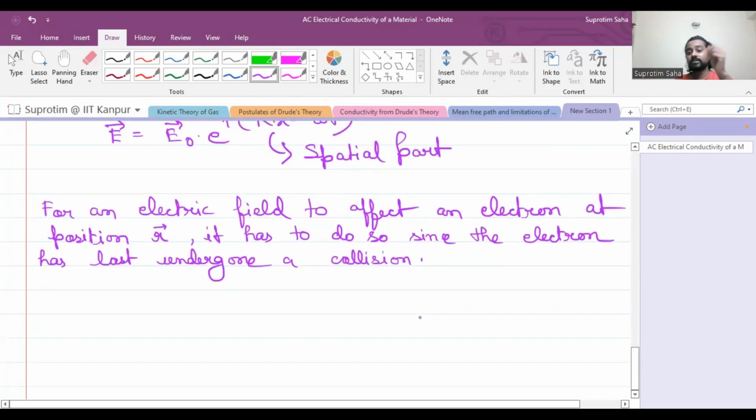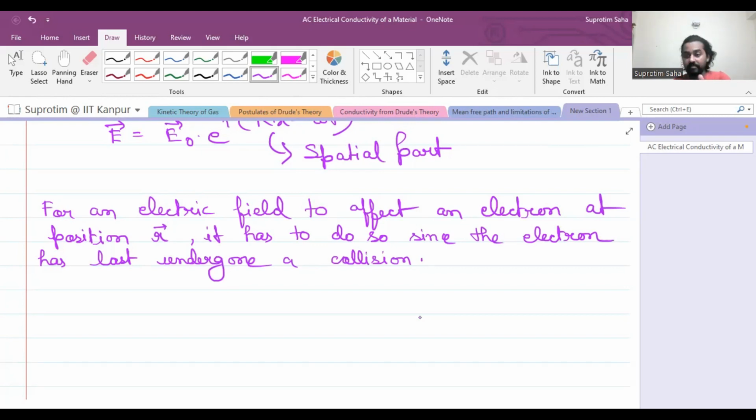If you recall the second postulate of the Drude theory, we said that in between two successive collisions, the electron can be affected by an electric or magnetic field. The electric field can affect an electron at position r since its last collision.